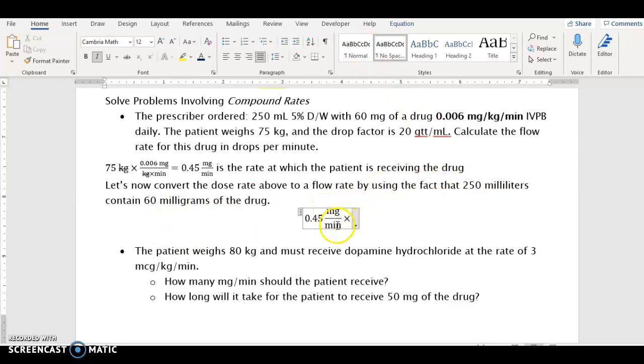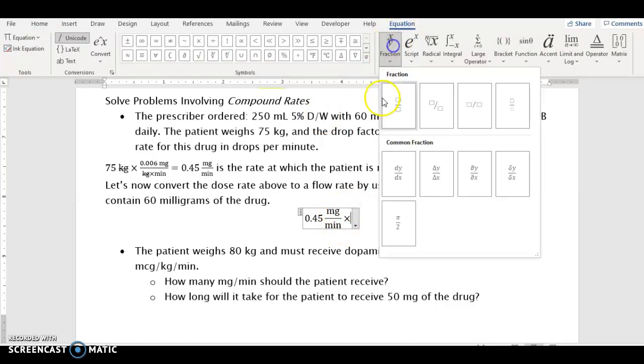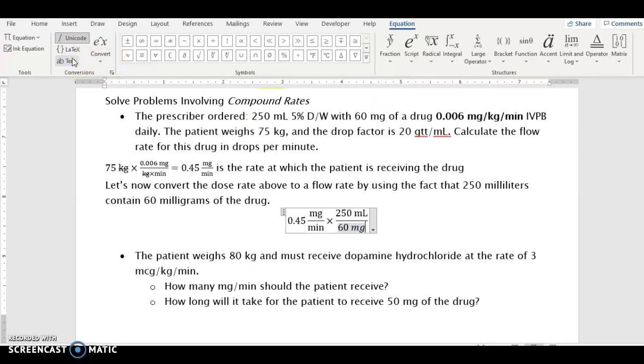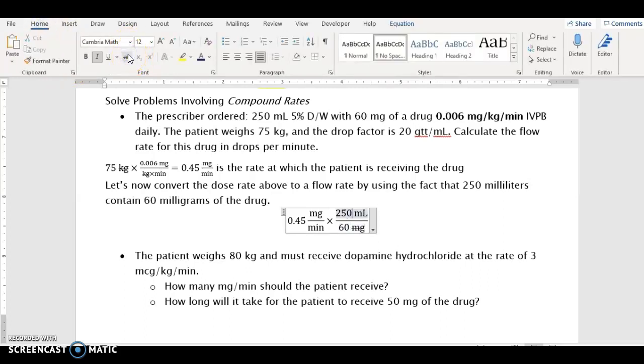Let's not worry about the units of minutes just yet. We may change it later, but let's leave that alone. So we multiply by 250 milliliters over 60 milligrams, and we eliminate the units of milligrams in the process.